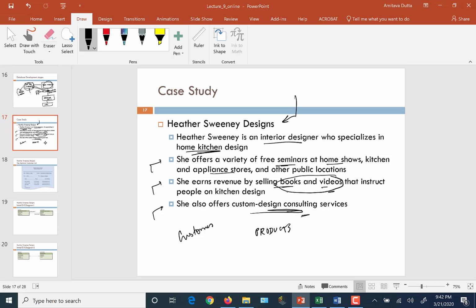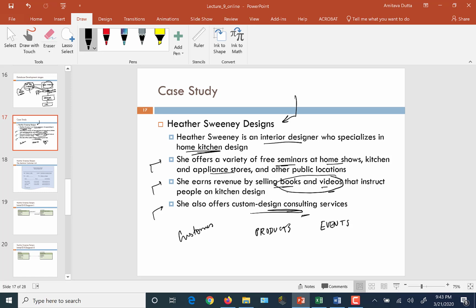Okay, and then when I look at the second bullet, it seems like she attends seminars, home shows, and she goes to kitchen and appliance stores. So there are a variety of events. I'm just calling them events for now. Maybe we will find that that's an appropriate name, maybe not. But it seems to me that in this particular business setting, events are also a type of entity about which we might store information.